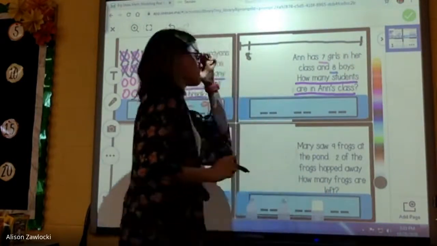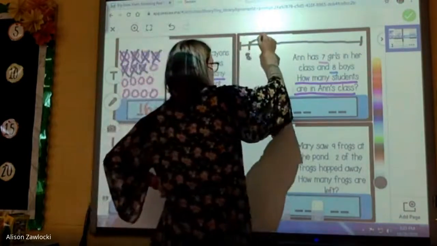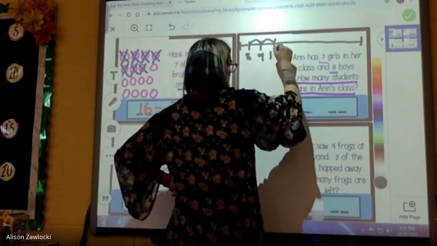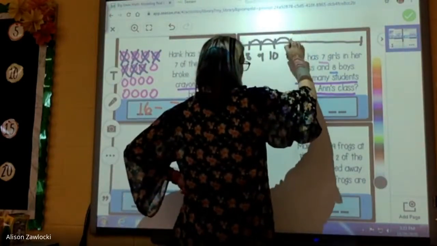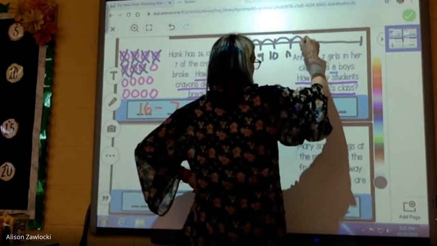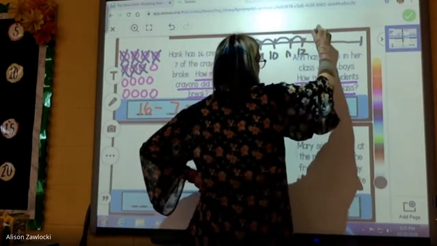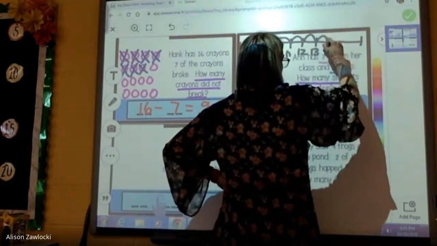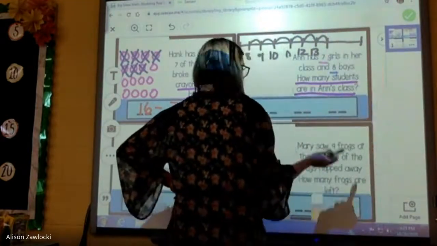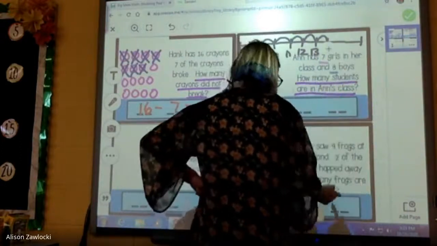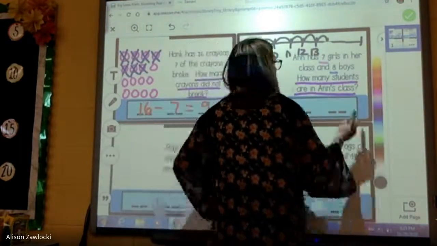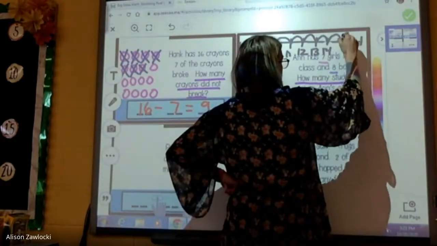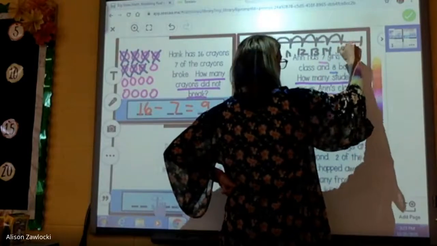I'm going to start at 8. So I'm going to do 7 hops, right? So here's my first one. 8 plus 1 is 9. 9 plus 1 is 10. There's 2 hops. 3, 11, 4, 12, 5, 13, 6, 14, 7, 15.